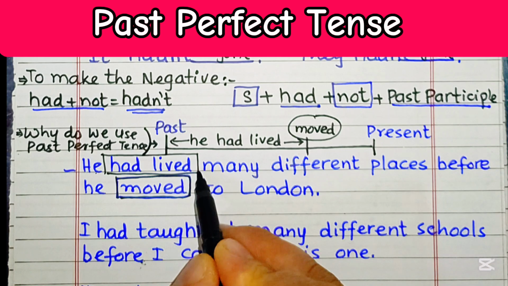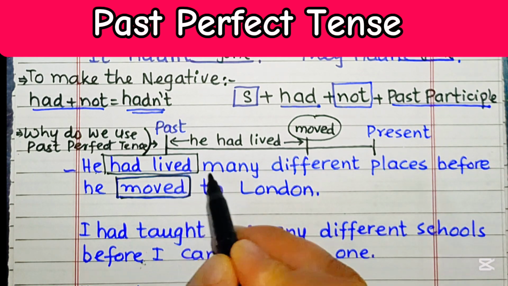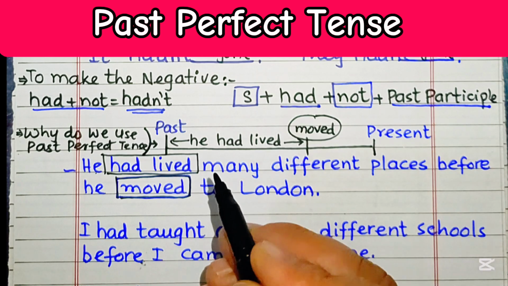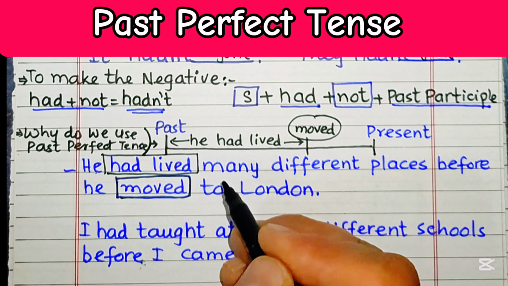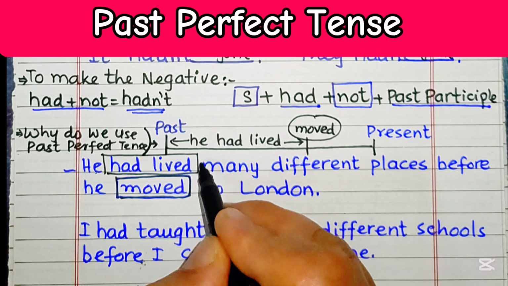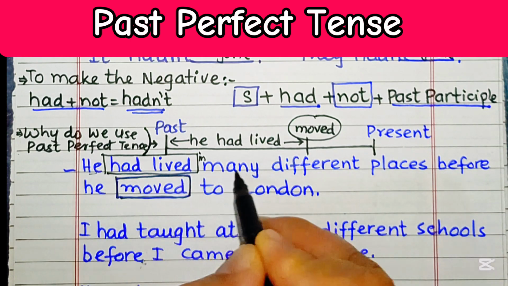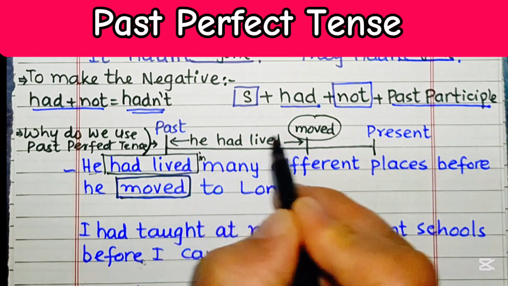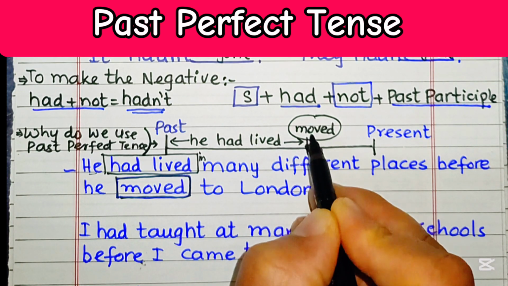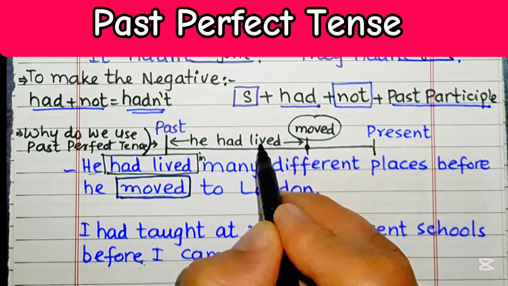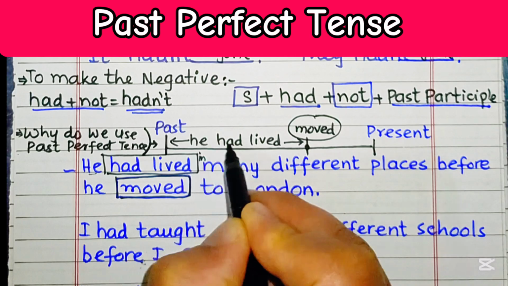This is past perfect, which has happened before this past action. Moved is showing the past action, and before this is the past perfect because he had lived.